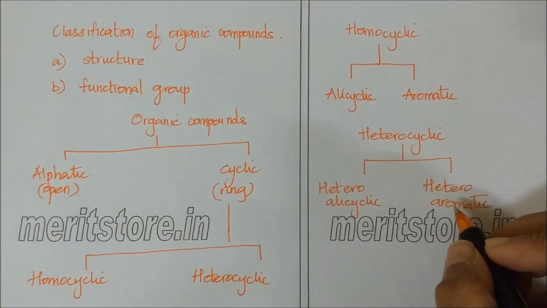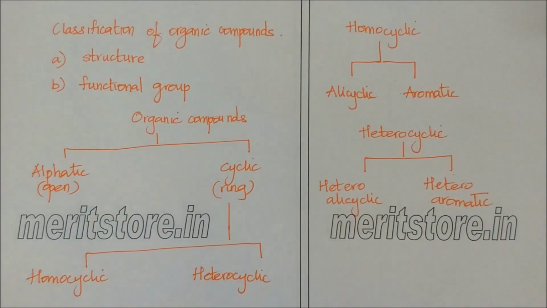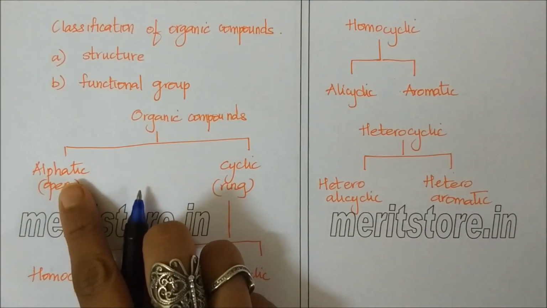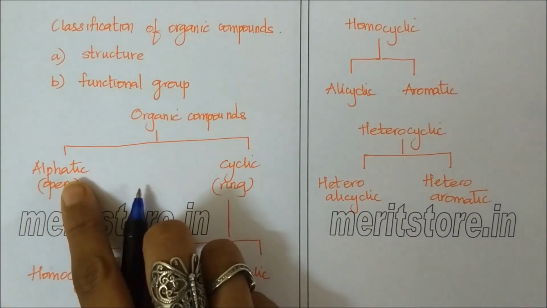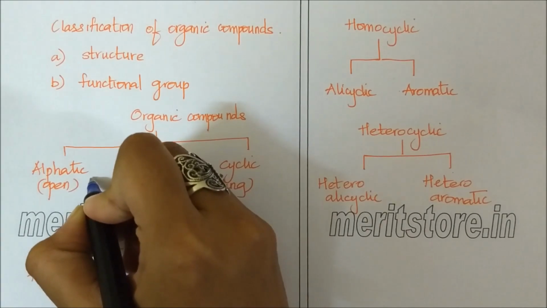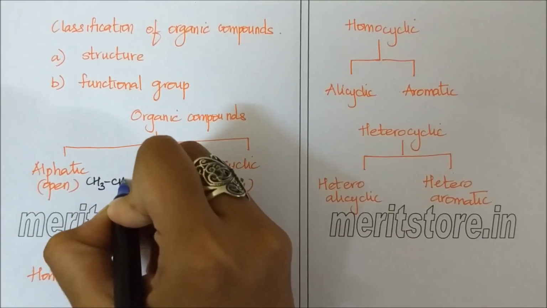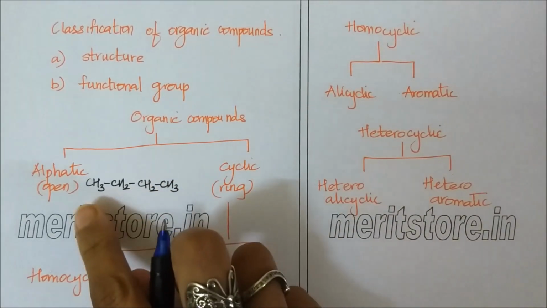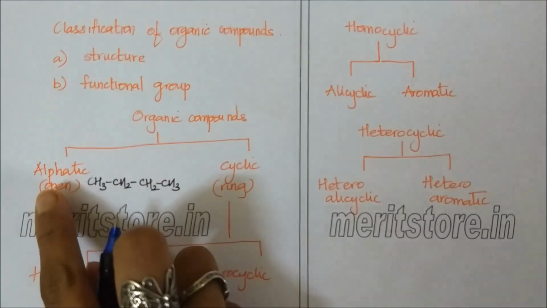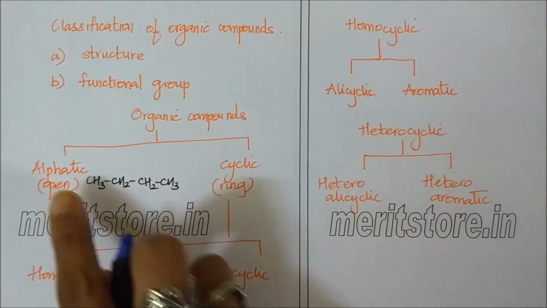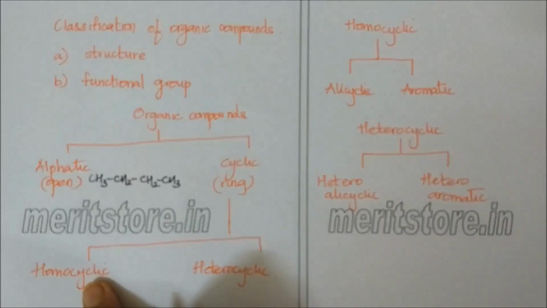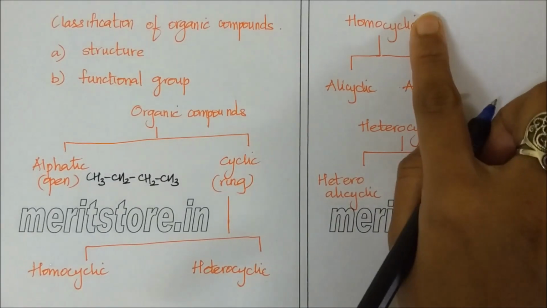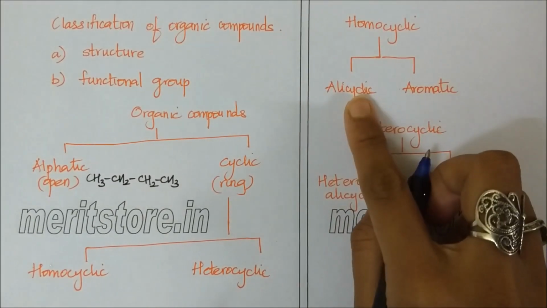Let us look at examples of each of these compounds. An aliphatic compound is an open chain compound. A simple example would be n-butane. It is a straight chain, open compound. Cyclic compounds can be homocyclic as well as heterocyclic. In homocyclic, we have alicyclic compounds.